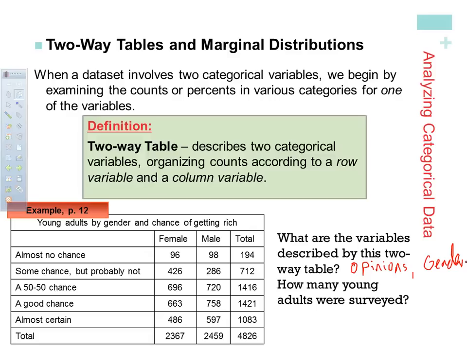And so, being able to pull information out of this table is kind of important. How many young adults were surveyed total? Well, we've got a total column and a total row here that breaks down each value of each variable, but obviously our total for the entire survey is 4,826. Hopefully we were able to find that pretty easily.